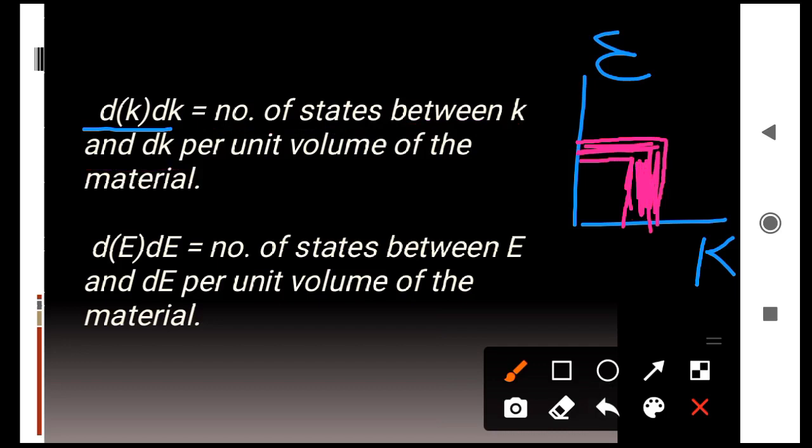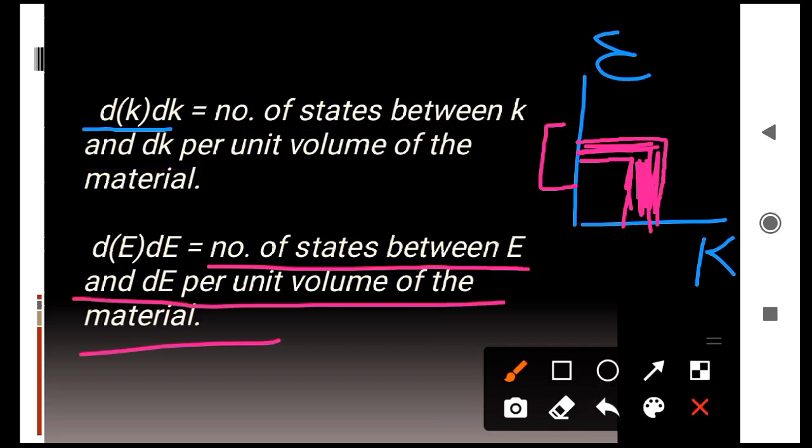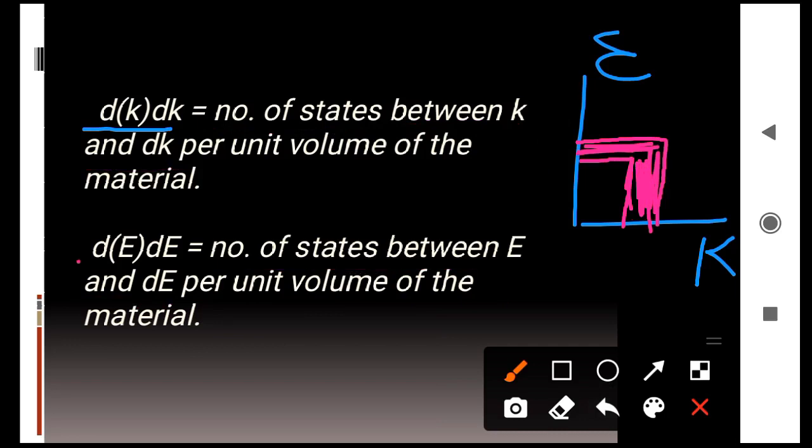Similarly, the number of states between E and E plus dE per unit volume of the material is D of E into dE. Fine.